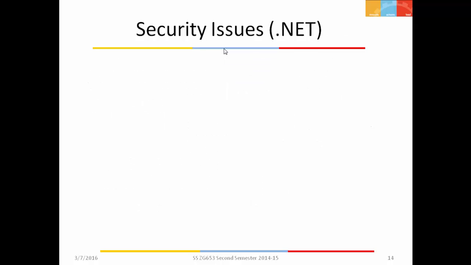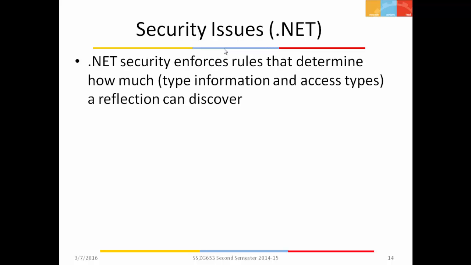Now, as you can understand, with reflection there are a lot of security issues that can possibly get compromised. Both Java and .NET today address that. So .NET security essentially enforces rules that determine how much type information, as well as access types, a reflection can actually discover.